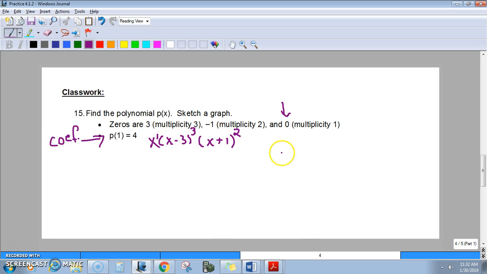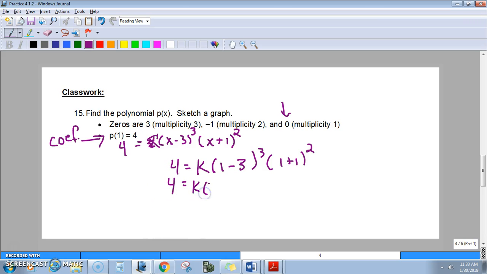Okay, so let's do it the way Ms. Stewart does it. Let's say I know I want my output to be 4. So when x is 1, I want to find k, right? If x is 1, that first one is just going to cancel out here, and then we're going to have 1 minus 3 cubed times 1 plus 1 squared. 4 equals k times 1 minus 3 is negative 2, cubed is going to be negative 8.